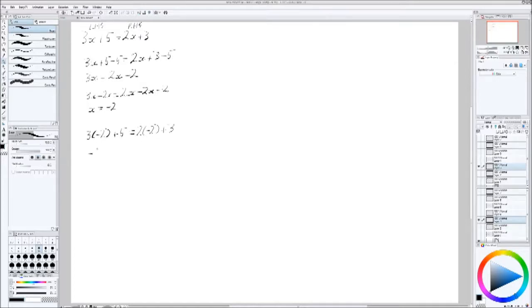So we have negative 6 plus 5 equals negative 4 plus 3. And so negative 6 plus 5 is going to be negative 1. And negative 4 plus 3 is also going to be negative 1. Therefore, this is in fact correct. X is equal to negative 2.